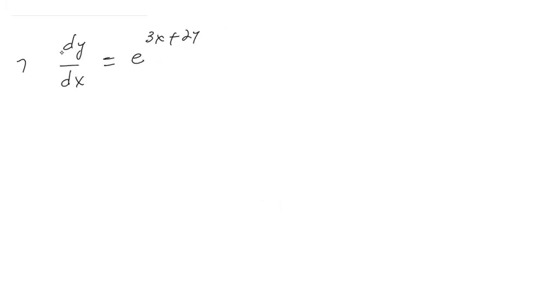Now question 7. So in the 7th question, it is a little bit different. It's in an exponential form, so you can write this term as this one according to the rules of exponential, and here dy by dx. Now I want to separate the terms of x and y.